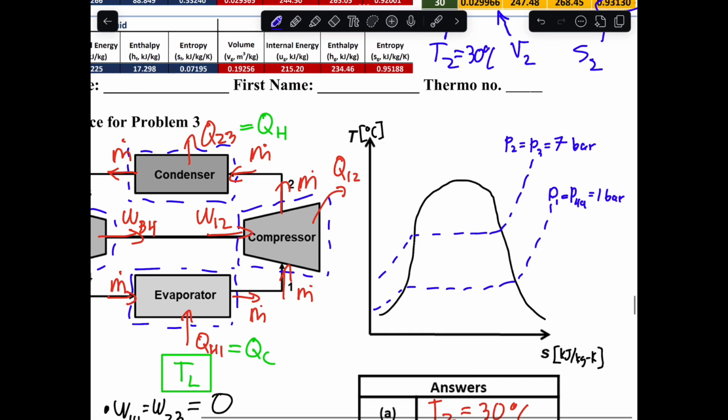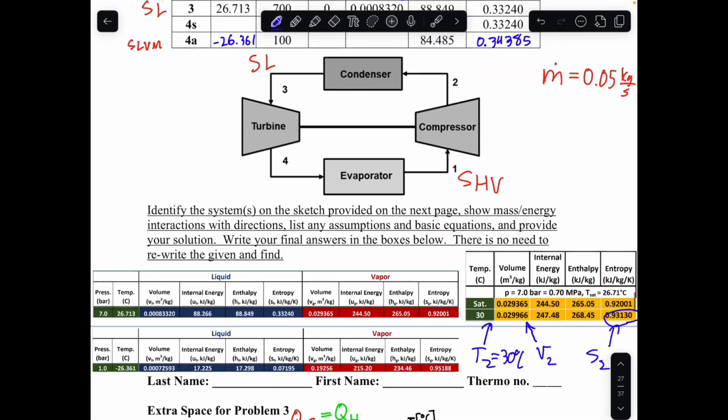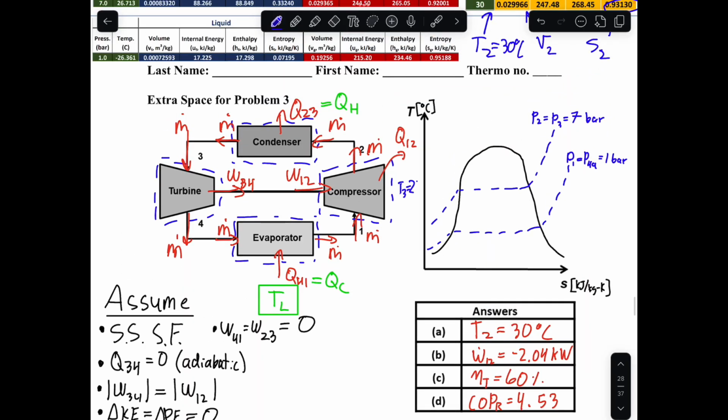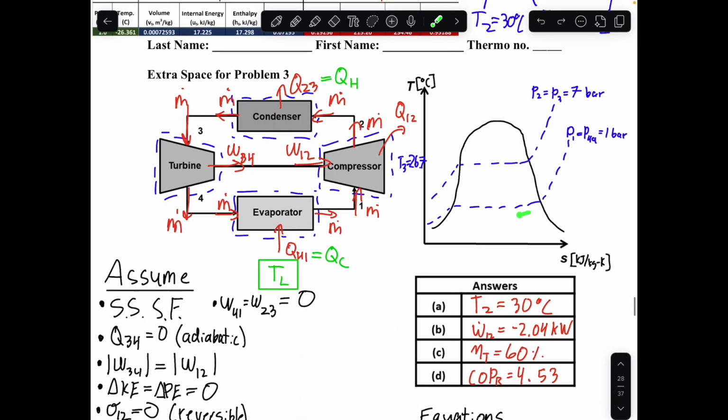So T3 equals, they don't give us much space, so I'm going to round here, 26.7. Sorry, I'm kind of running out of space. And T4 will be this temperature, which is associated with the saturation region right here. So T4 is equal to negative 26.4.